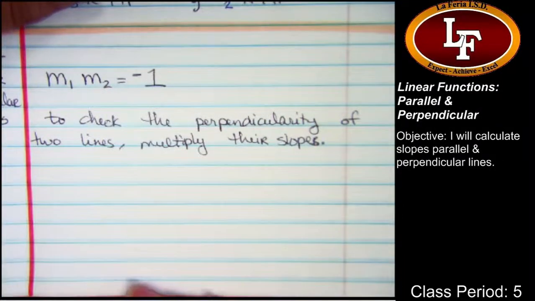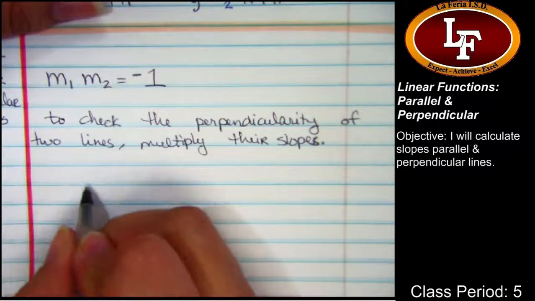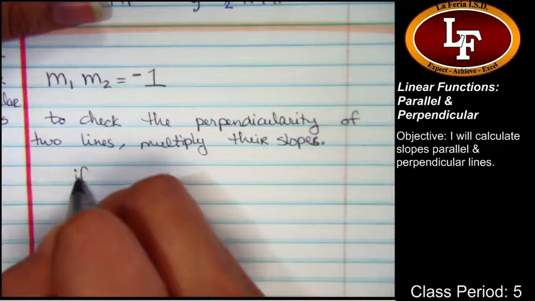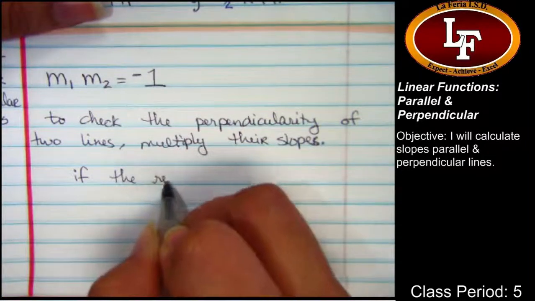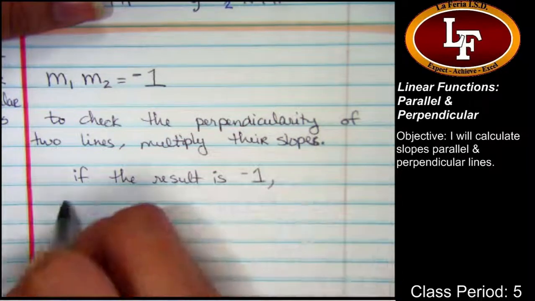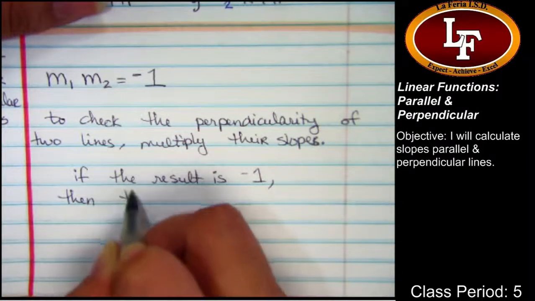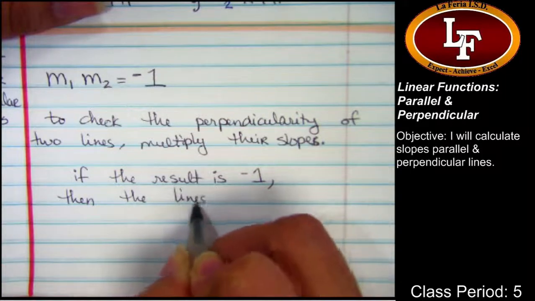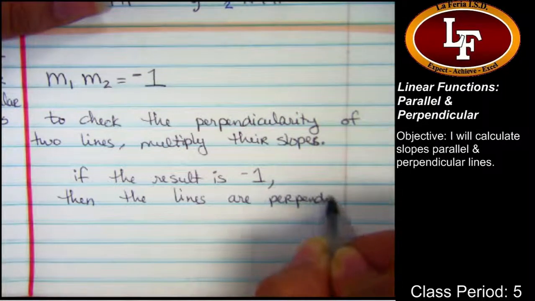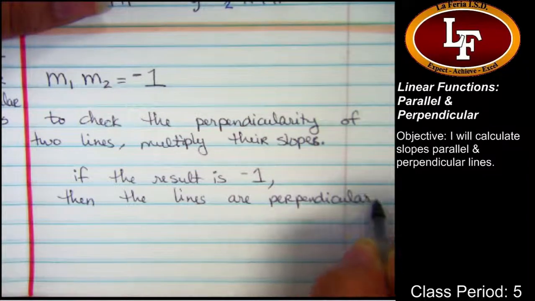To check the perpendicularity of two lines, multiply their slopes. If the result is -1, then the lines are perpendicular.